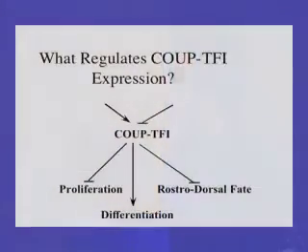Now, the RAS pathway has been positively linked to rostral cortex specification and proliferation, and the Wnt pathway is linked to dorsal specification and proliferation, as well as caudal specification. So we've shown that COUP-TF1 represses this. It also represses rostral identity. It also represses proliferation. So this is a nice correlation that might explain why we see, with overexpression of COUP, decrease of rostral identity, decreased proliferation, decrease of dorsal specification as well.